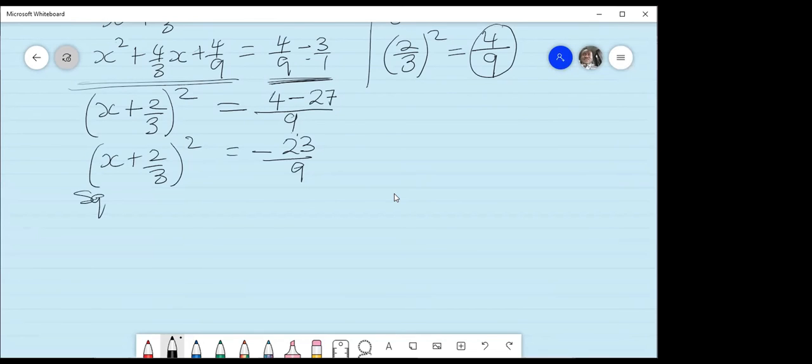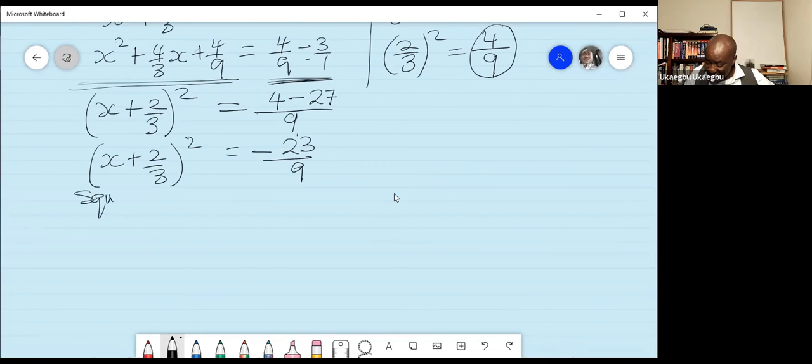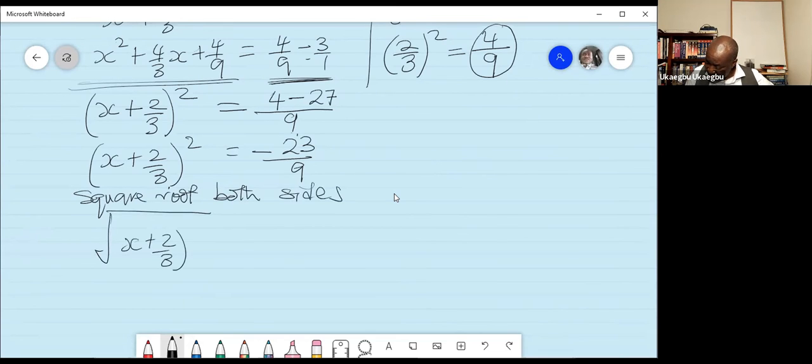That gives us the square root of x plus 2 over 3 whole squared equal to the square root of negative 23 over 9. The right side is going to be plus or minus, because the square root of a number gives two possibilities.